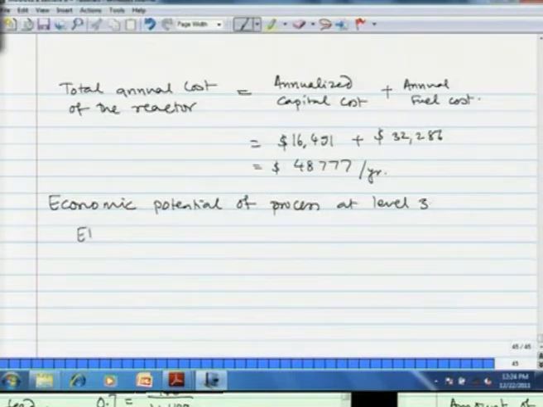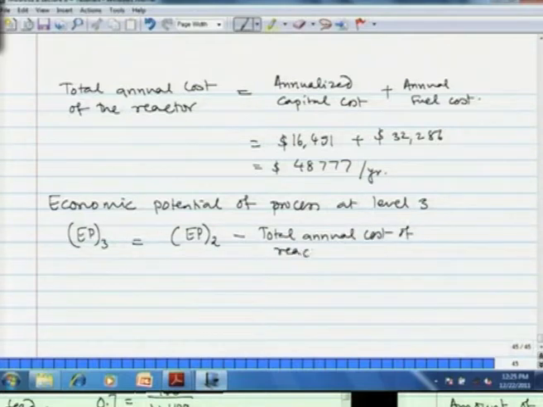Now, this EP3, economic potential at level 3, is EP2 minus the total annual cost of the reactor.